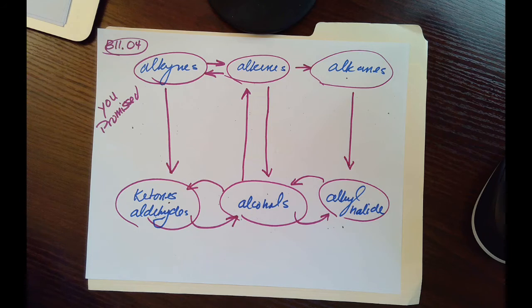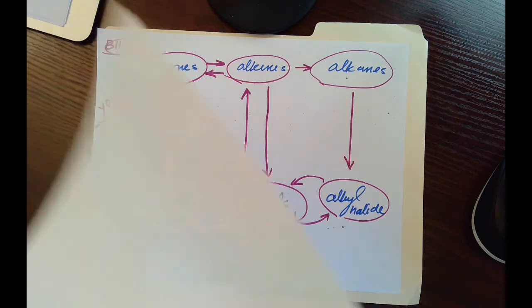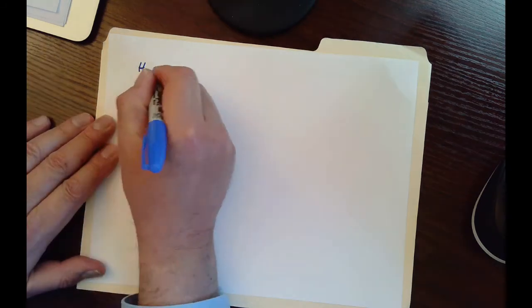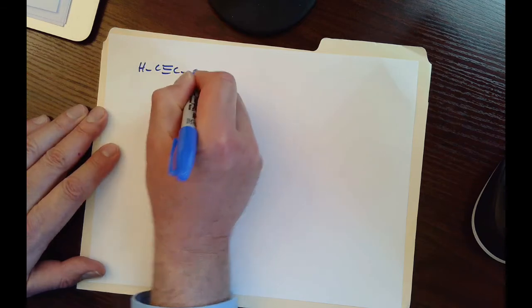So we're going to start with acetylene. So I'm getting a paper here. Here's what I want you to put the paper in front of you and look at these reactions. So we want to do from acetylene, which is HC≡CH, make this straight.